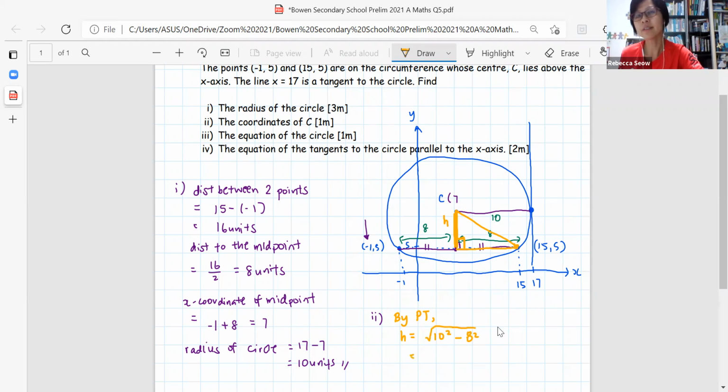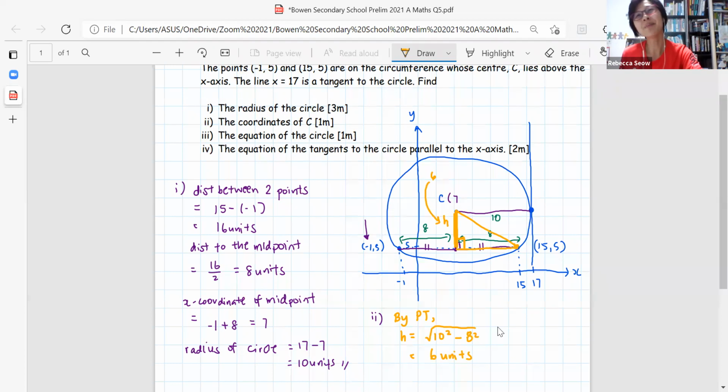That gives the square root of 36, so h is 6 units. I'm going to put an arrow next to h, and put down 6 here.